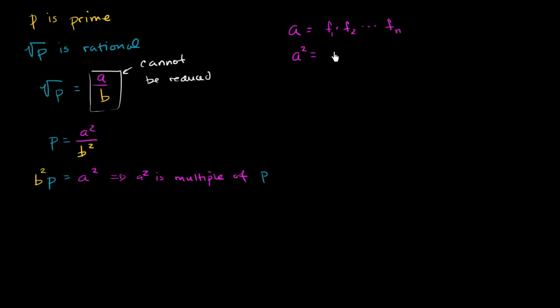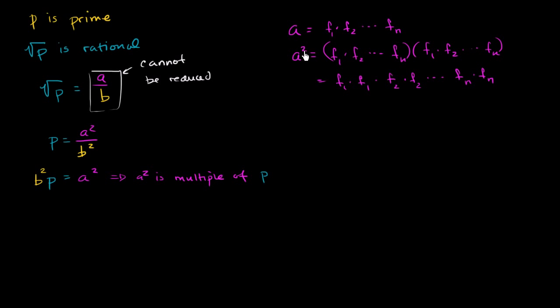Its prime factorization is going to be f1 times f2 all the way to fn, and then that times f1 times f2 all the way to fn, or I could rearrange them: f1 times f1 times f2 times f2 all the way to fn times fn.